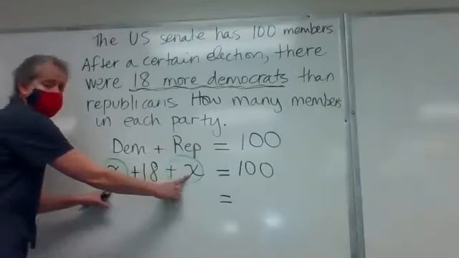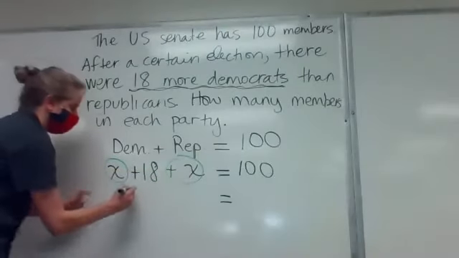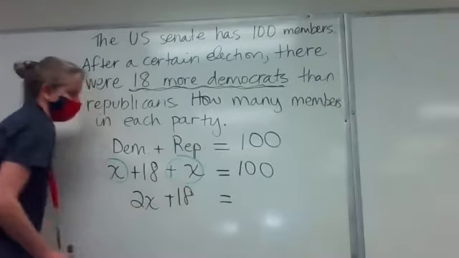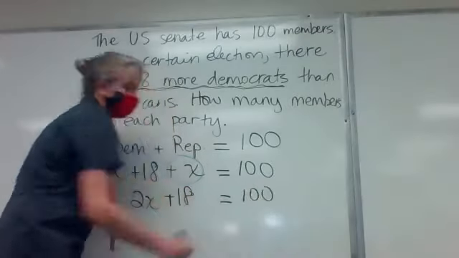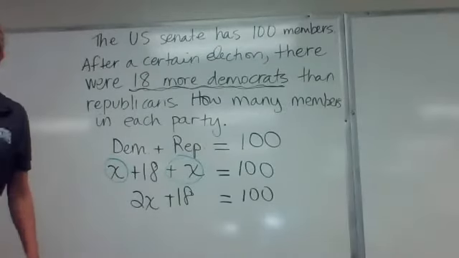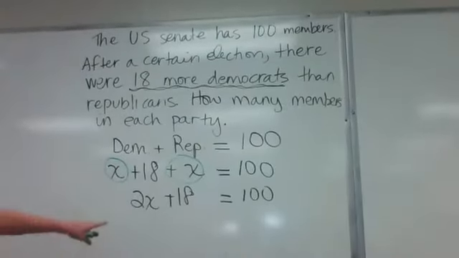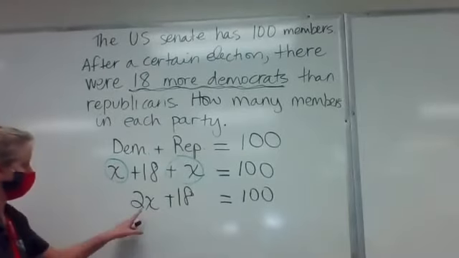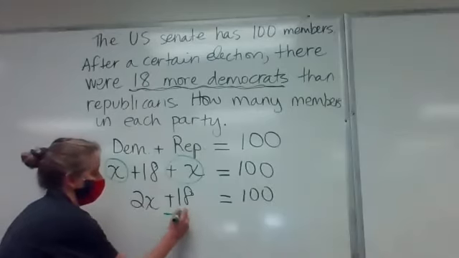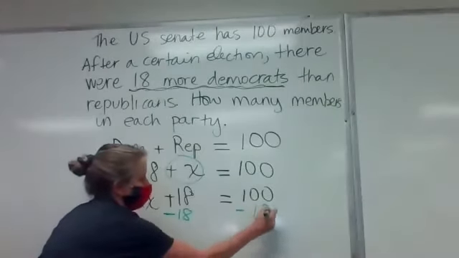So I actually have 2 X's on the left. So now I have 2 X's. Bring down my plus 18 equals 100. Again, just using my equation solving skills. Now I want to get this X all alone. The hooked on 2 goes away last. So let's get rid of that plus 18 with a minus 18.